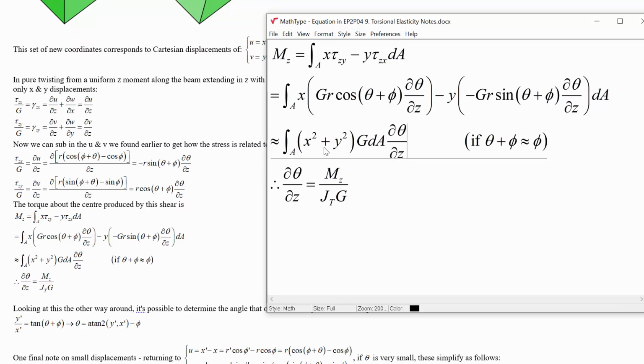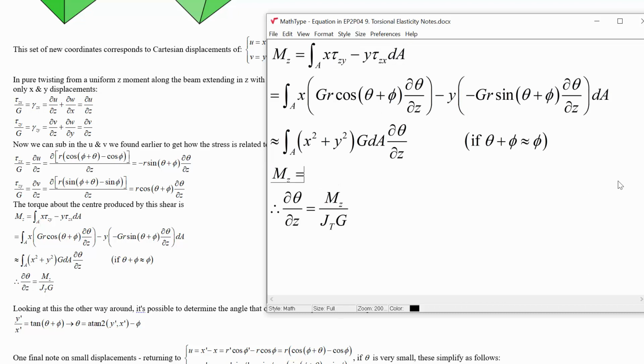And as long as that's the case, then we find that we have exactly the second moment of area that's relating the G times shear strain, torsional strain, shear modulus times torsional strain d theta by dz, to the applied moment. So let's put that in.